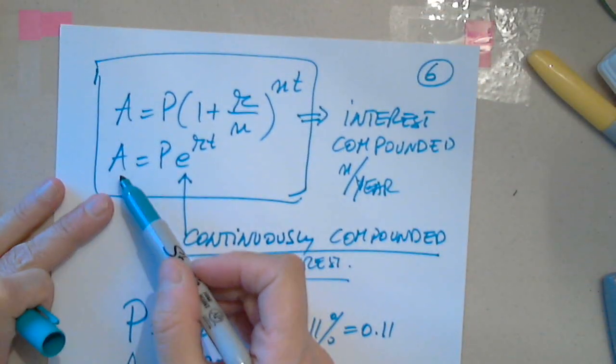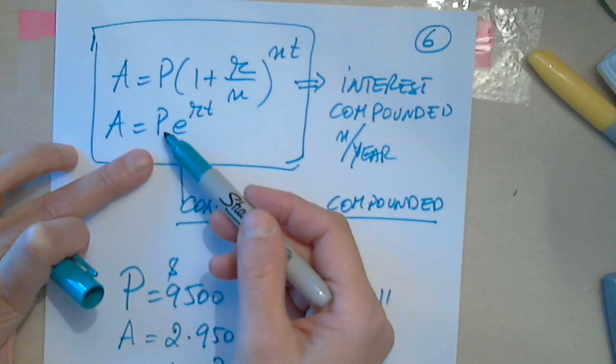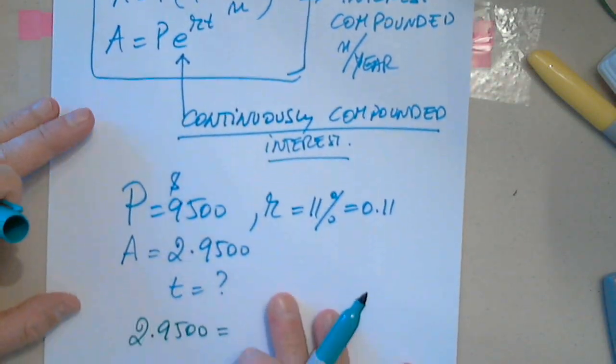Okay, so the accumulated value will be replaced by 2 times 9,500. The principal will be replaced by 9,500.